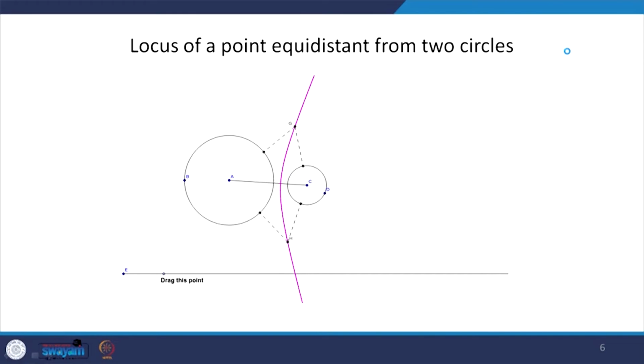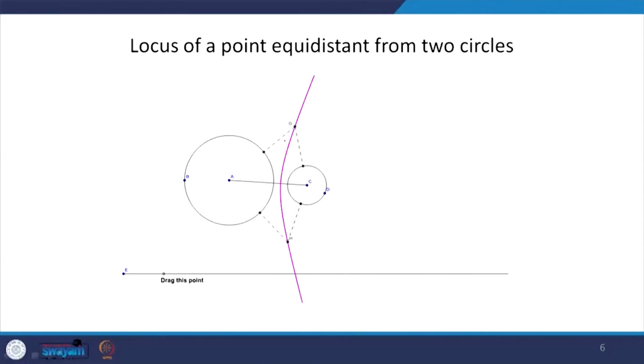So, there is another one which is quite interesting, where the point is equidistant from two circles, and that generates a very different curve altogether. Now, in that case, what will happen?